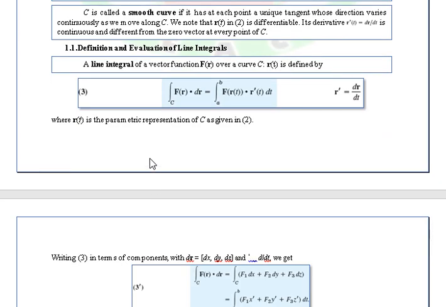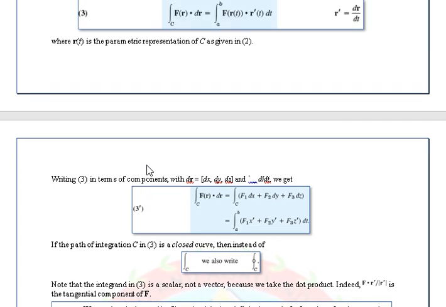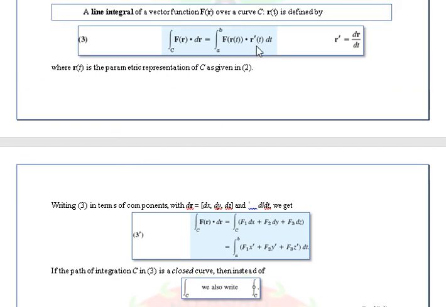Here r of t is the parametric representation of C. Writing equation 3 in terms of components dx, dy, dz, we get this equation.